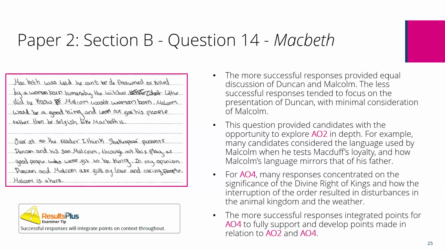For AO4, many responses concentrated on the significance of the divine right of kings and how the interruption of the order resulted in disturbances in the animal kingdom and the weather. You know, there were lots, of course, as well about the great chain of being and all of those things.